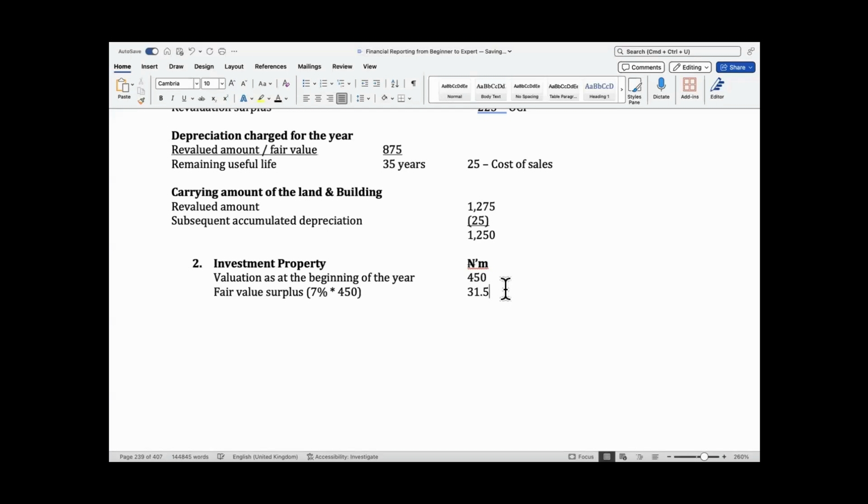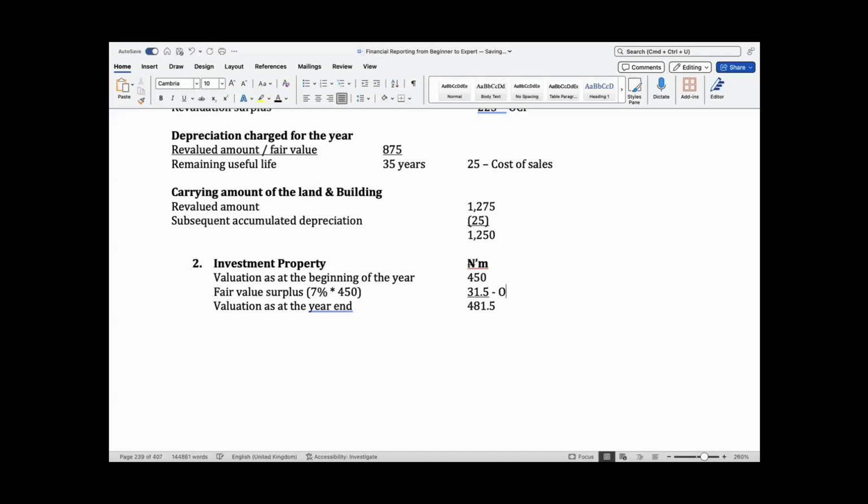So if I add the two together, that gives me the valuation as at the end, which is how much? 481.5. So that means this becomes the new value of that investment property. Where will this 31.5 go? It will go to P&L.